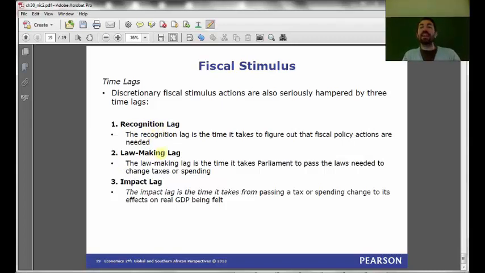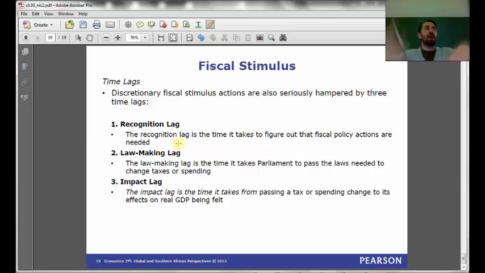Number two, we then have to put together policy that says we're in a recession, we want to increase spending. Then we have to take it to Parliament, and the parliamentarians have to say, yes, we agree, let's increase spending. After that has been decided, then government starts increasing spending.